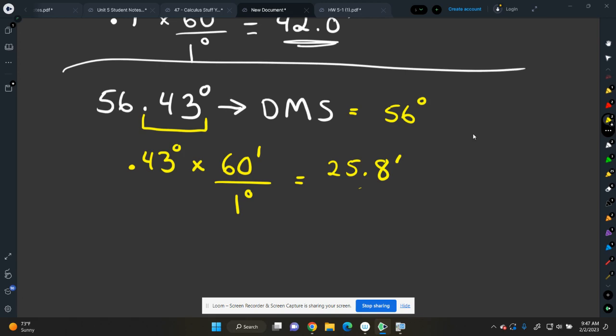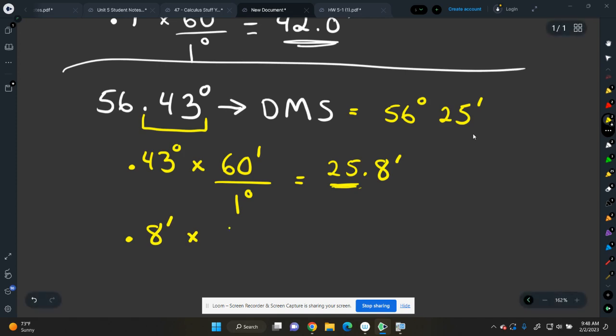Okay, everybody with me? Now that means we're going to take the 25 part, 25 minutes, okay? So the 0.43 gives me 25 whole minutes. But now I'm going to take the decimal part of that and convert it to seconds. Now I have to take the 0.8 minutes and convert it to seconds.